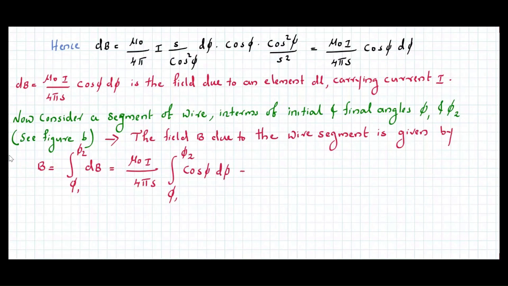This is equal to mu 0 I by 4 pi s times sin phi2 minus sin phi1. This is the magnetic field of any straight segment of wire in terms of initial and final angles, which carries a constant current I.